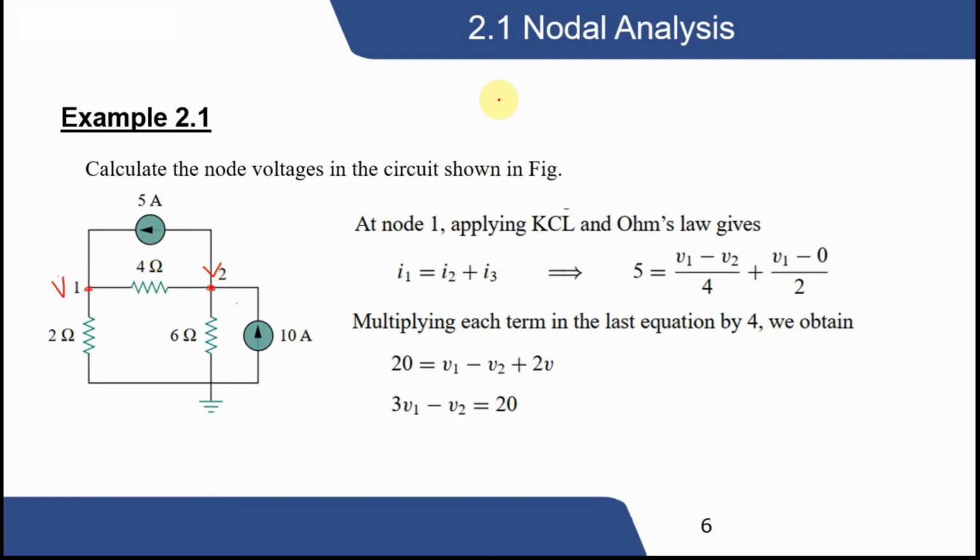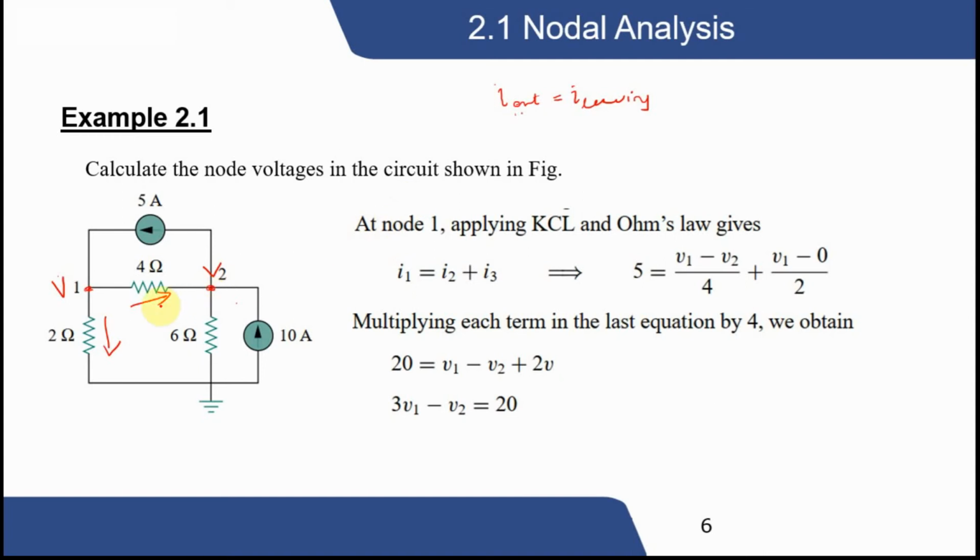We say that the entering current equals the leaving current. Those currents that enter the node equal those that leave from this node. You must define the direction of the current, it is very important.